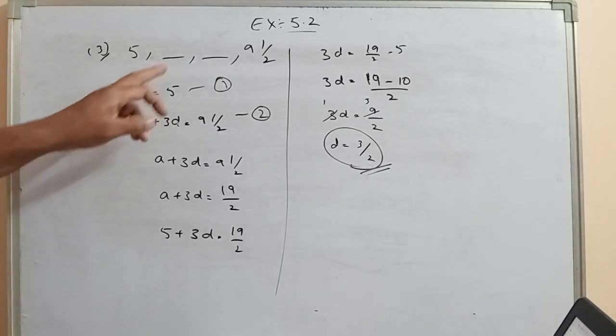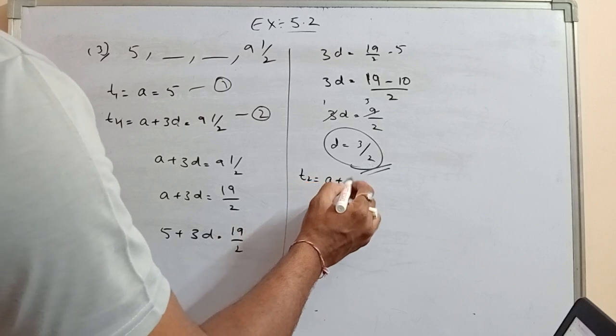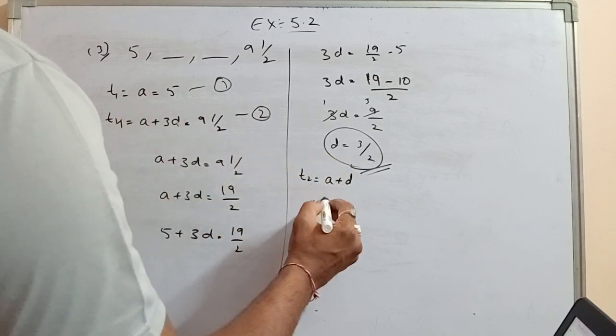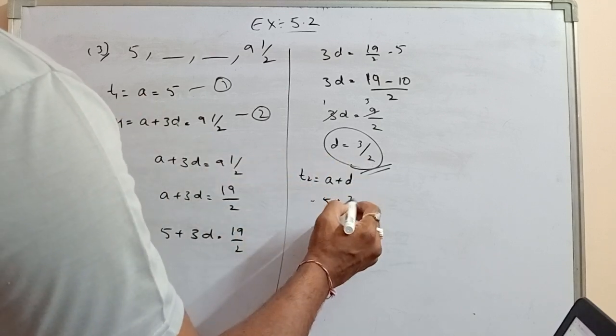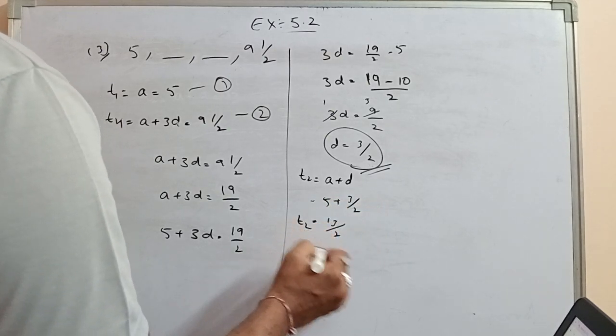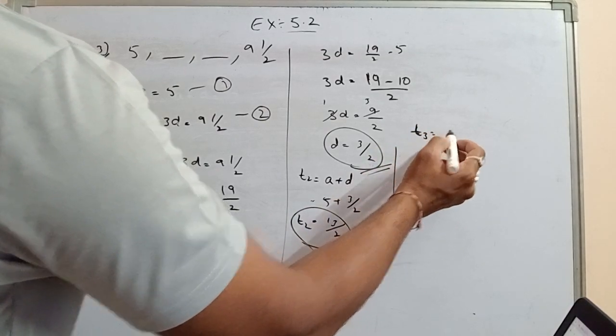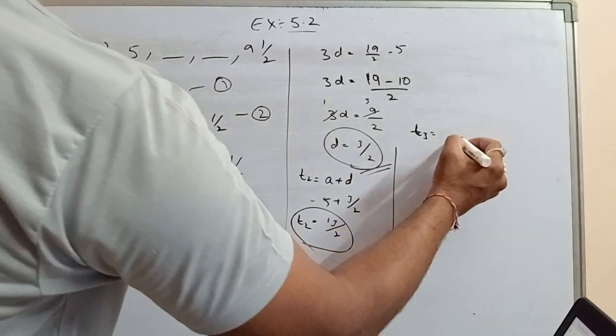In the same manner, we have to find the second and third term. So T2 is equal to a plus d is the formula, right? What is the value of a? It is 5. Plus what is the value of d? It is 3 by 2. So 10 plus 3 is nothing but 13 by 2. So T2 we got. In the same way, T3 is equal to a plus 2d.